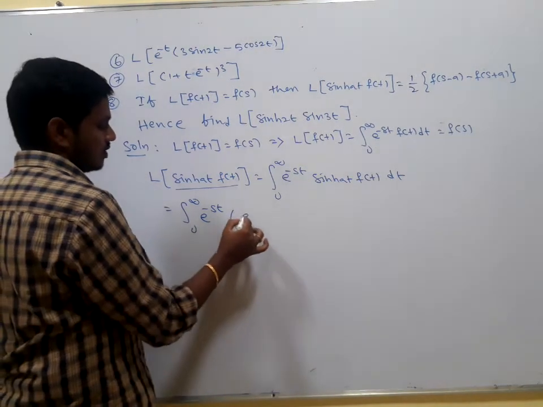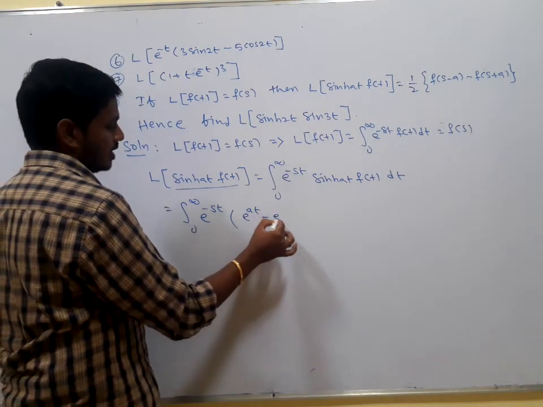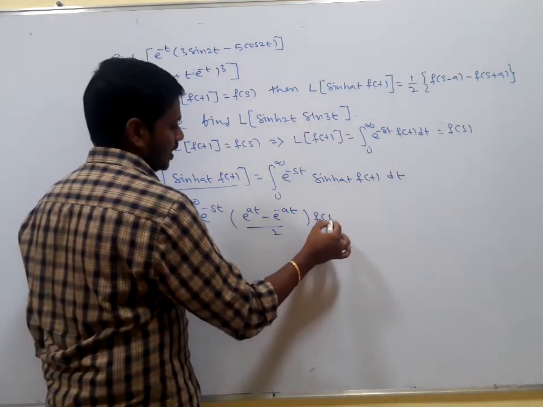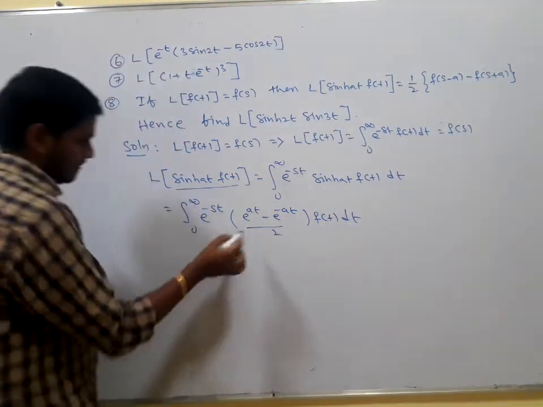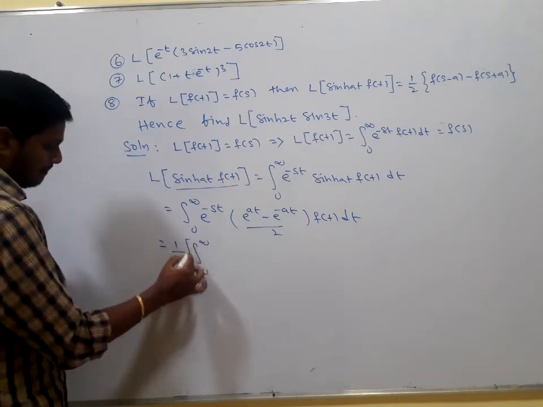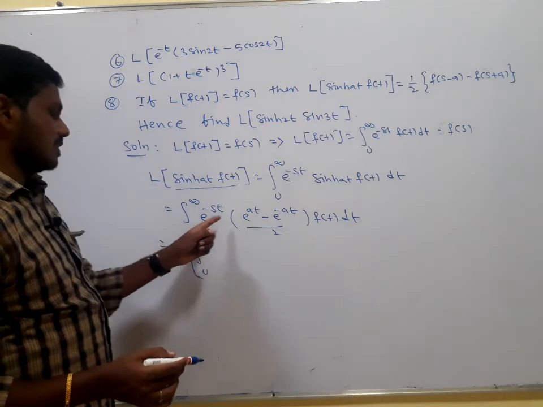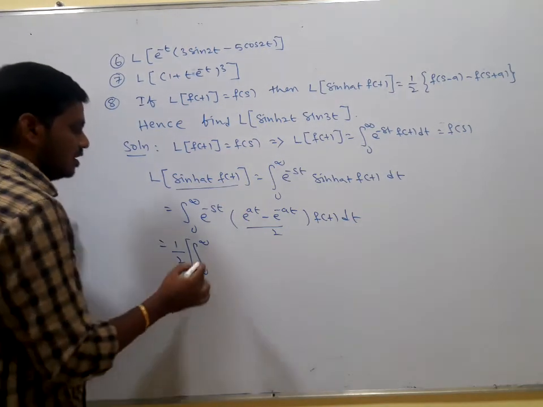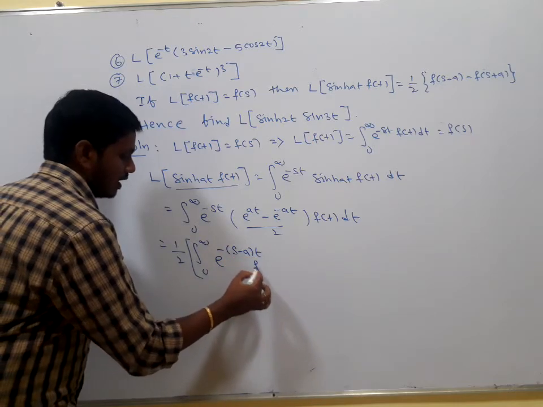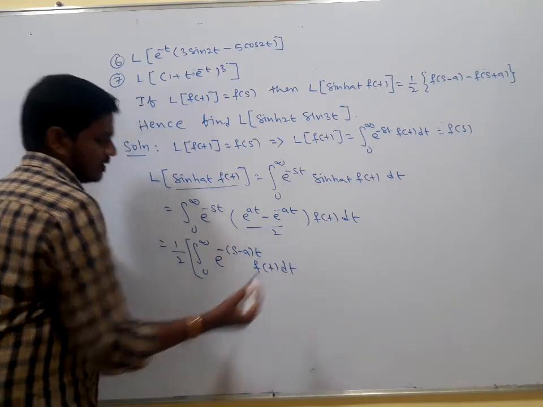So this is integral 0 to infinity e to the power of minus st. Sin hat is equal to what? e to the power of at minus e to the power of minus at by 2 into f of t dt. So 1 by 2 is a constant, right? Before integration, integral 0 to infinity, e to the power of minus st into e to the power of at, so e to the power of minus of s minus a into t f of t dt, first case.